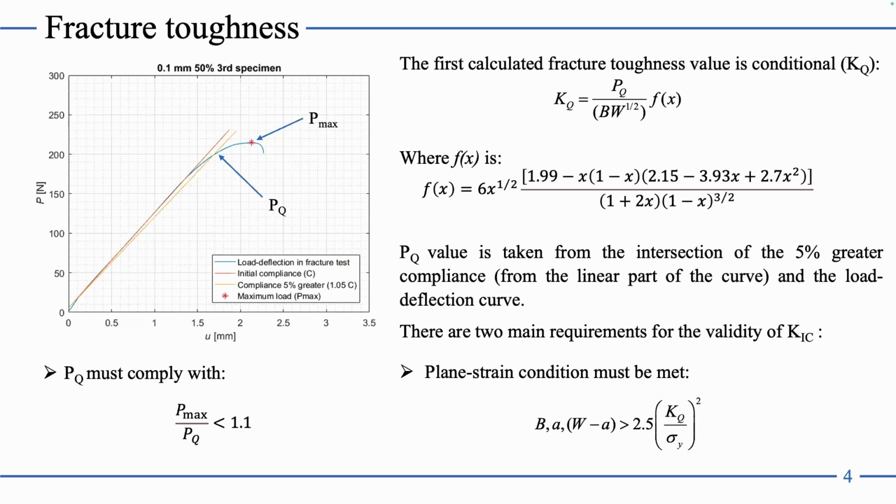So at every infill density, 100%, 50%, and so on, the conditional value was divided by the yield stress of that particular infill density. We didn't use the 100% value for every specimen. We used proper data for each one to see if the plane strain condition according to this formula is valid.